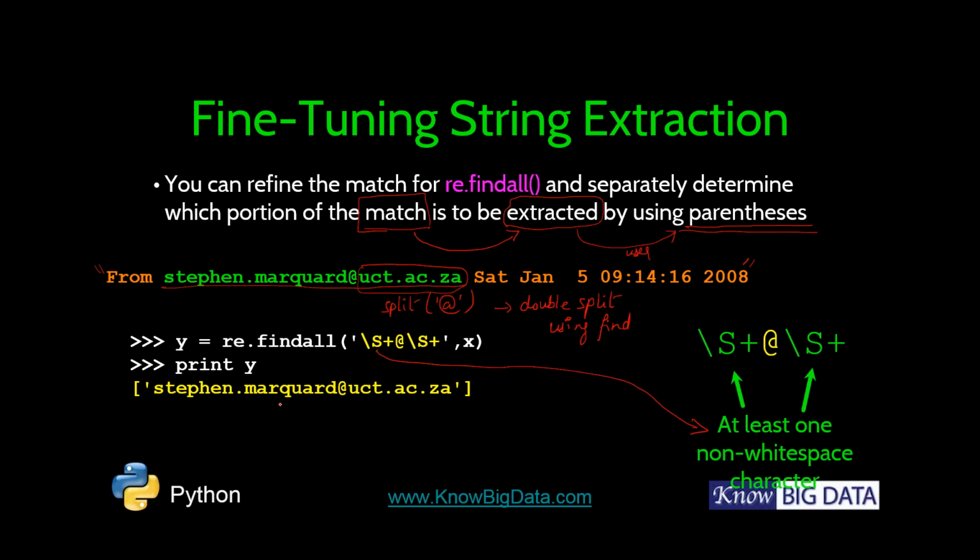And hence we get this as output, because before at the rate, this white space is not taken into consideration, and hence our search starts from here. The matching happens only up to this point because we have at the rate only here, and before at the rate, we have a non-white space character a number of times.